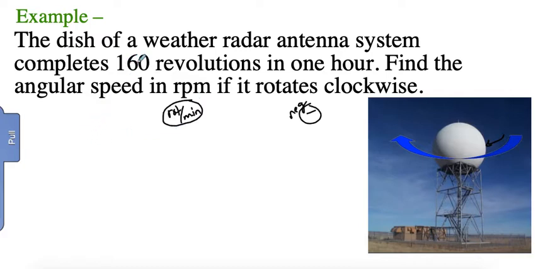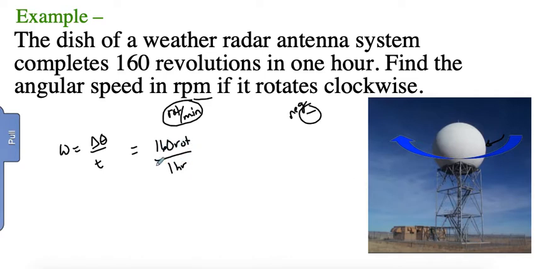So we're given 160 revolutions in 1 hour. If we set up our equation, omega equals change in angle over time. And that change in angle, we know that's 160 revolutions. We can leave it in revolutions because that's what our final answer is asking for. So we have 160 rotations in 1 hour.